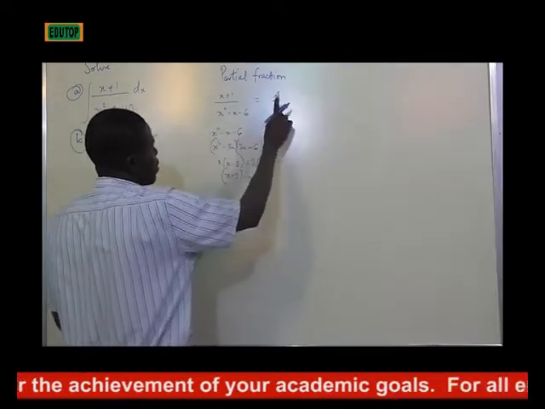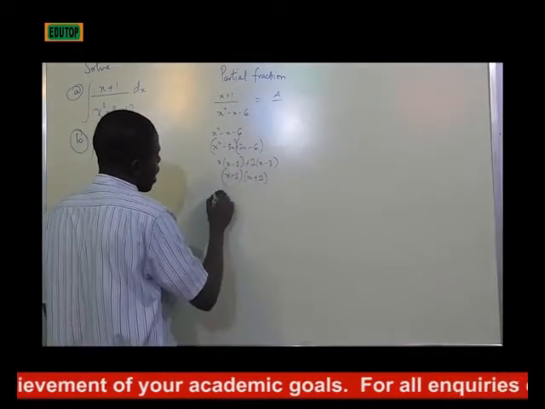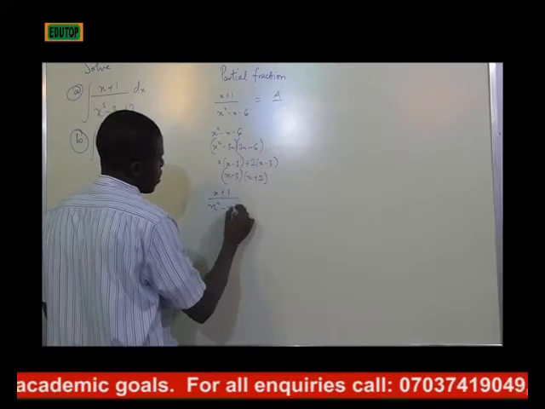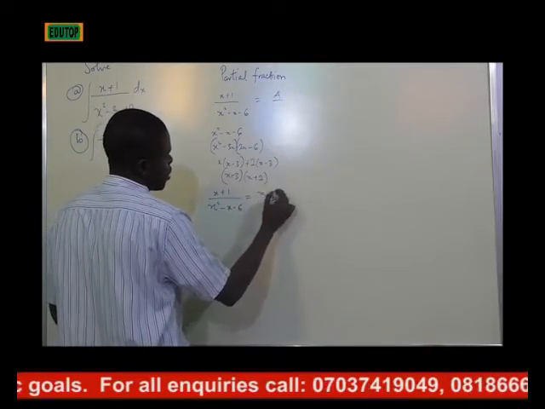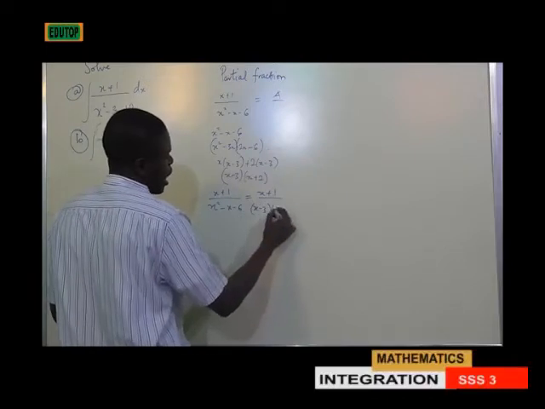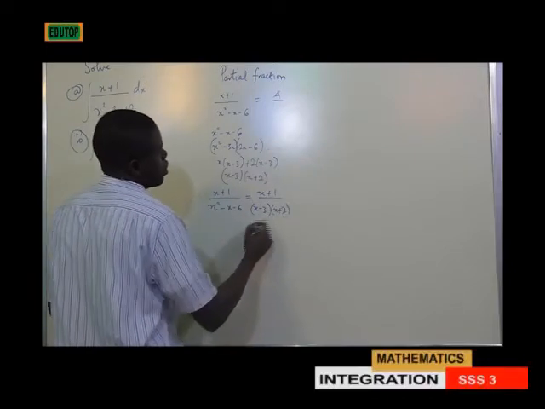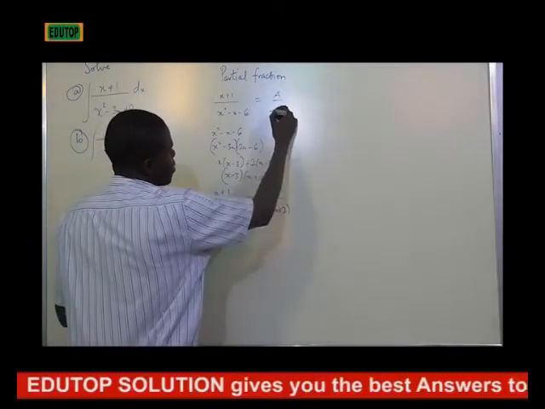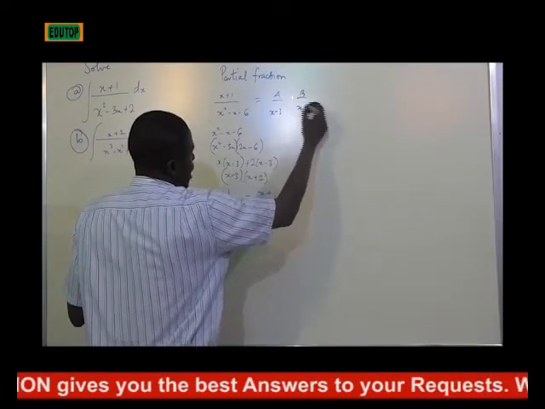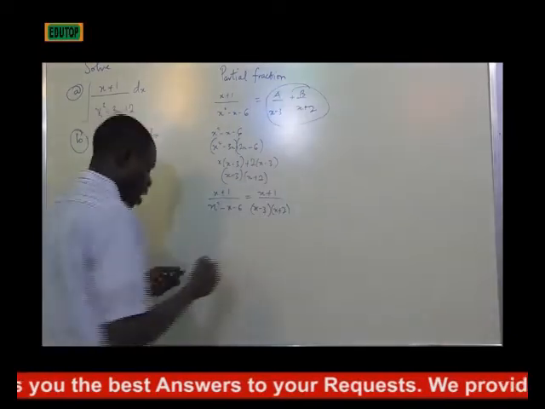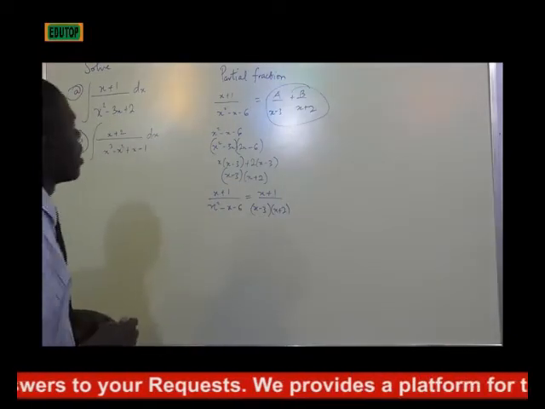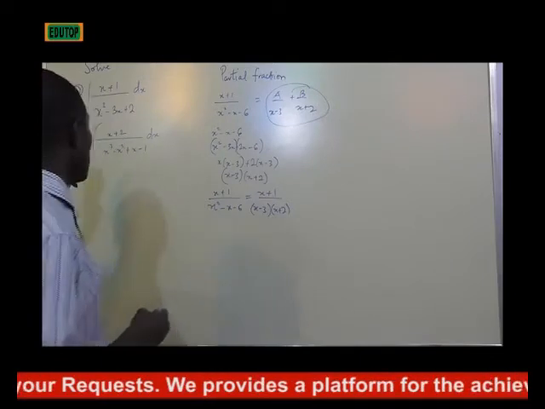When I split this, definitely I will have x plus 1 over x squared minus x minus 6, which is x plus 1 over x minus 3, x plus 2. So I can split this to a over x minus 3 plus b over x plus 2, and this is what is known as partial fraction. We need this concept in this subtopic, that is integration by partial fraction.